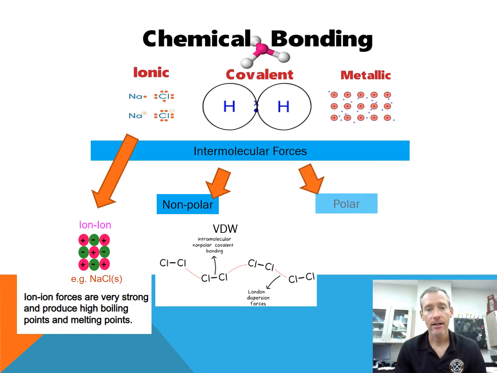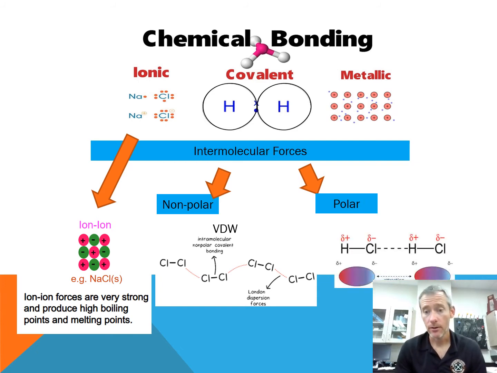And then in polar substances, you have what we call dipole-dipole forces, and that is the positive and negative charge of a molecule attracted to the opposite charge of another molecule. So you can see here the negative chlorine is attracted to the positive hydrogen.